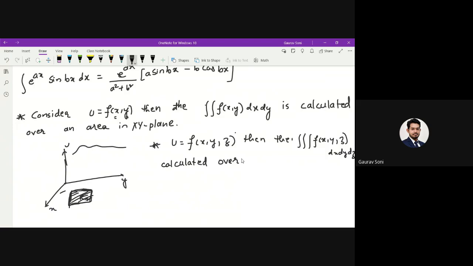Have you understood why we are taking an area in this case? The two independent variables you have, x and y, comprise a region in the xy plane. So over that region, I can evaluate it.